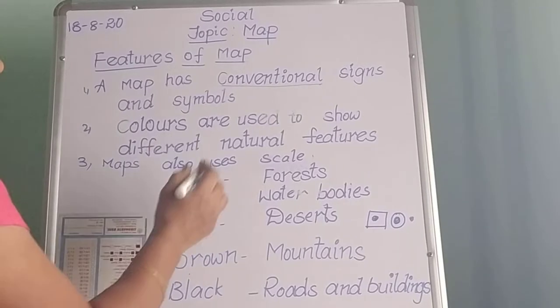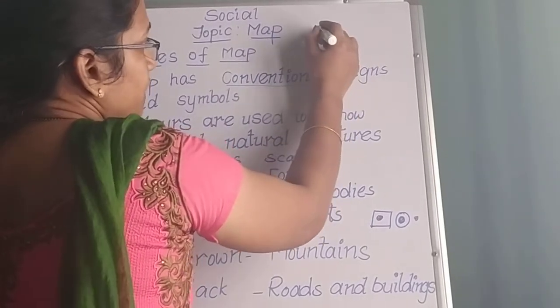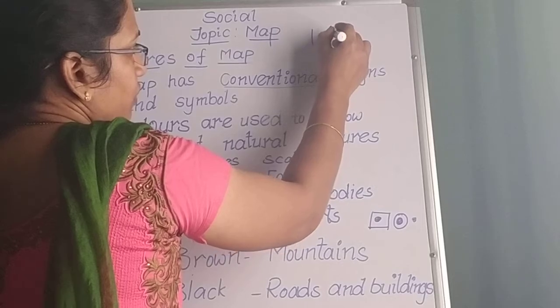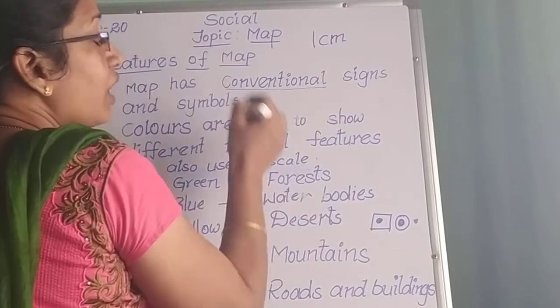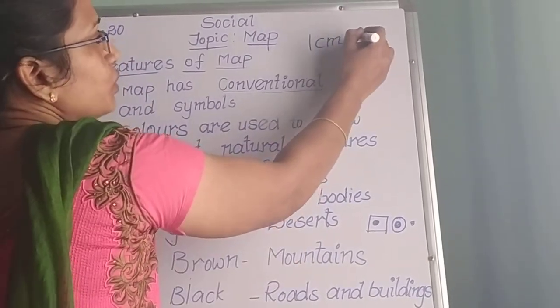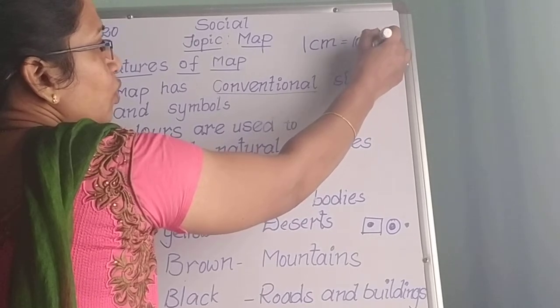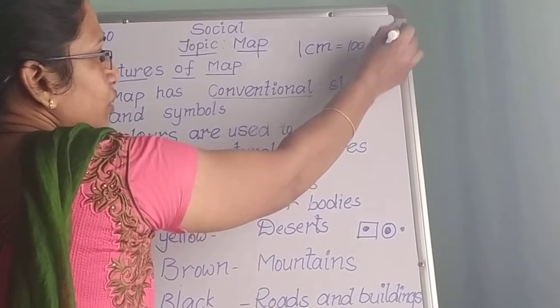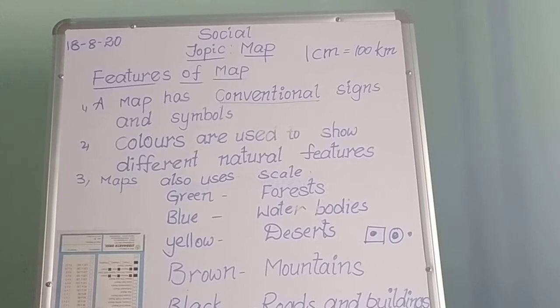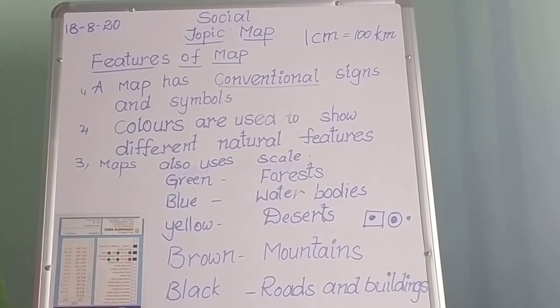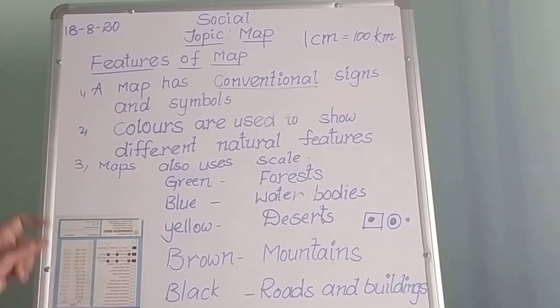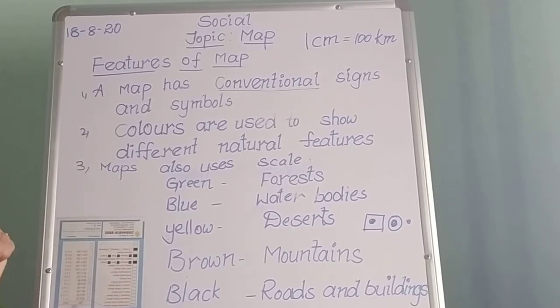For example, in maps we mention 1 centimeter, and on the ground we have to consider 100 kilometers. So here the measurement differs between the scale and the actual ground. So that is about scale.